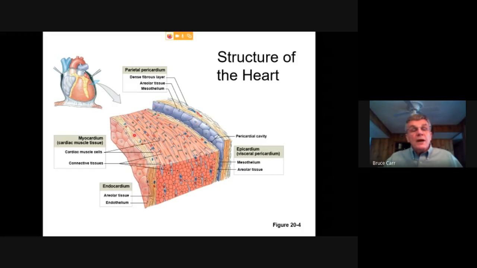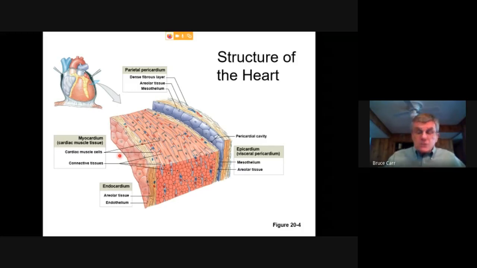Likewise here, this areolar tissue anchors blood vessels as it penetrates into the wall of the heart and provides a platform for this endocardium that we find, that inner layer inside the chamber of the heart where the blood is flowing.